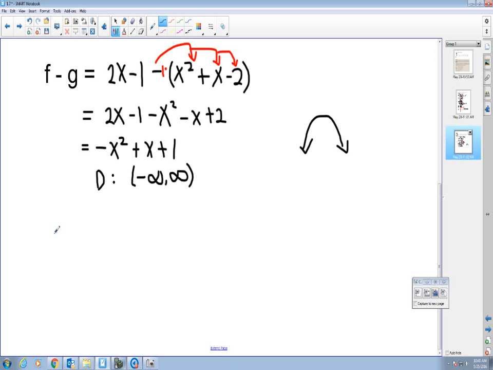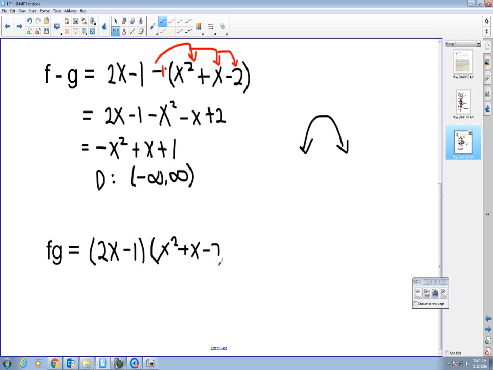Alright, multiplication. F times G. Let me just say FG like that. Alright, so 2x minus 1, put it in parentheses, 2 terms for one function, times another function, consisting of 3 terms.